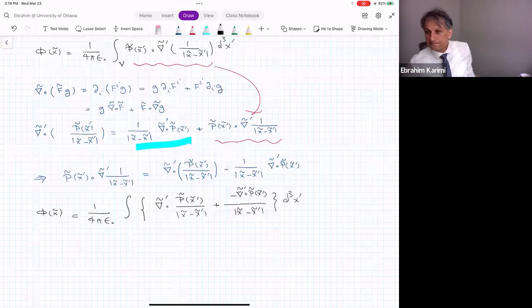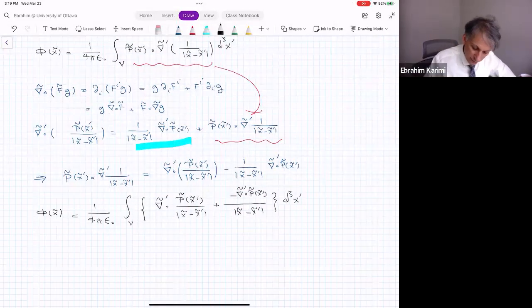Good. Perfect. And that's on the volume V, which is the material that we consider.